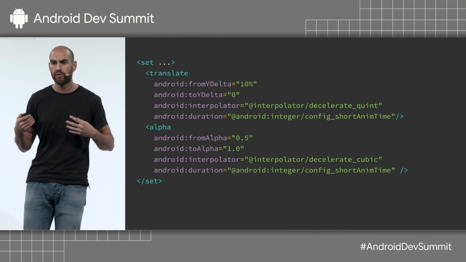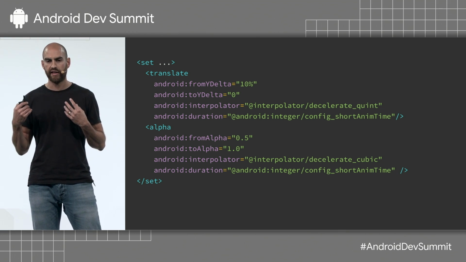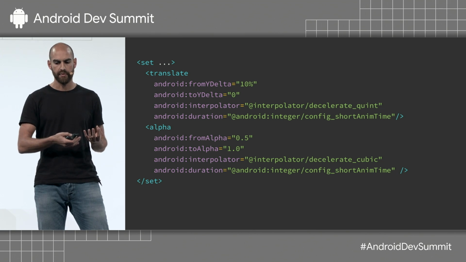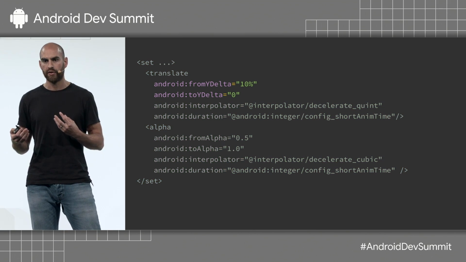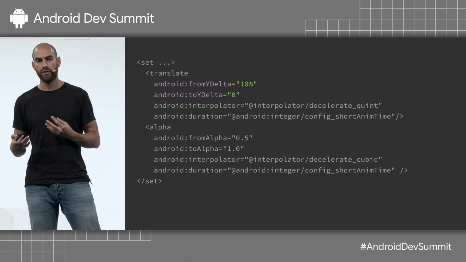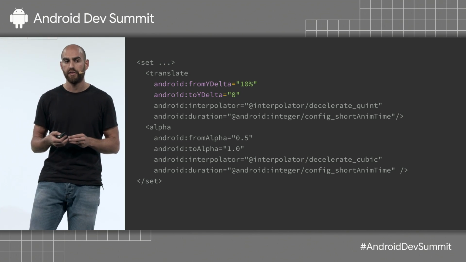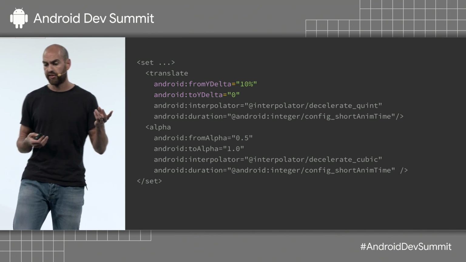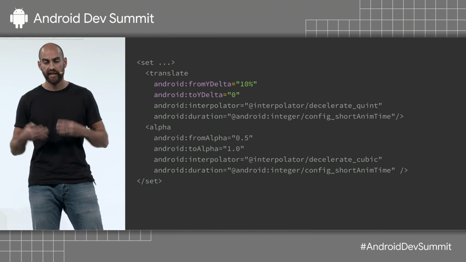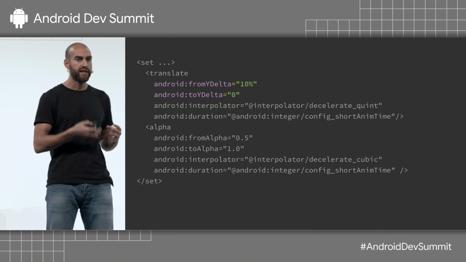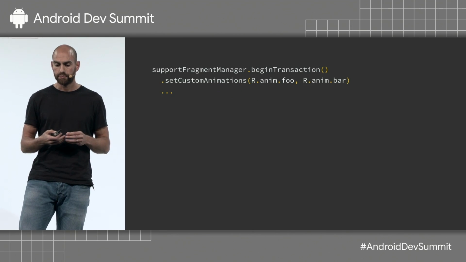But also because these window animations have to declaratively state all the information to perform the animation. The fact that it runs in the draw pass is useful because it guarantees that the view is already measured. That allows it to define certain things like here we're seeing a Y delta animation, which means 10% of the Y position. Because it's definitely guaranteed to be measured, this can be useful.